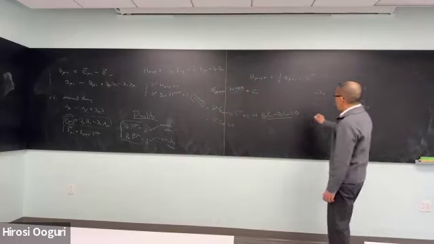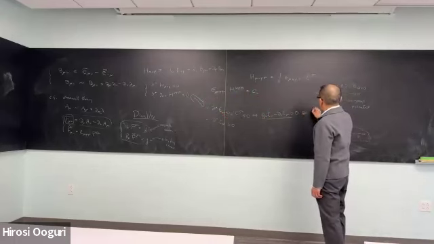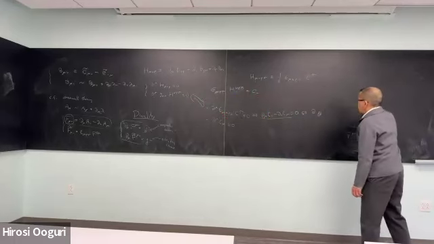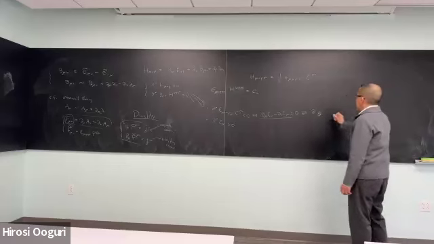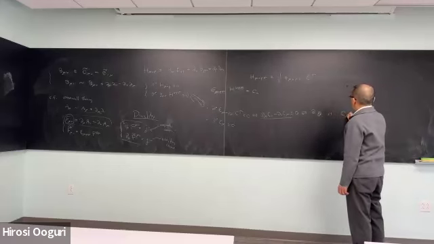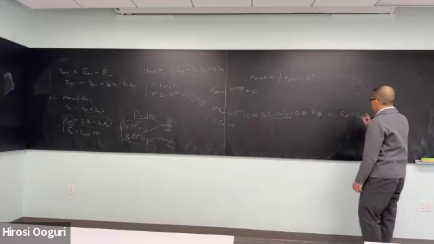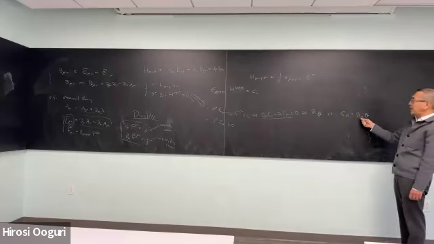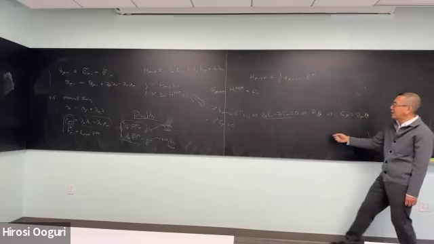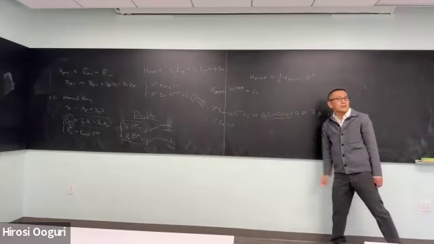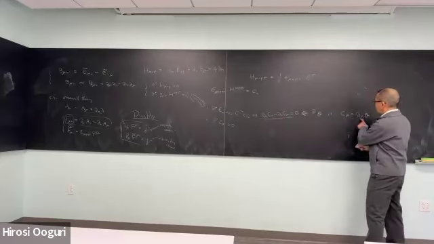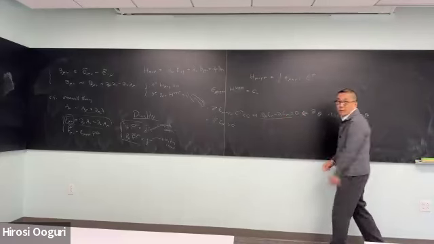This condition means that there is some theta such that chi mu can be written as del mu of theta. You can easily see that if chi mu is written as the derivative of some theta, then you can solve this equation. So this is easy, right?